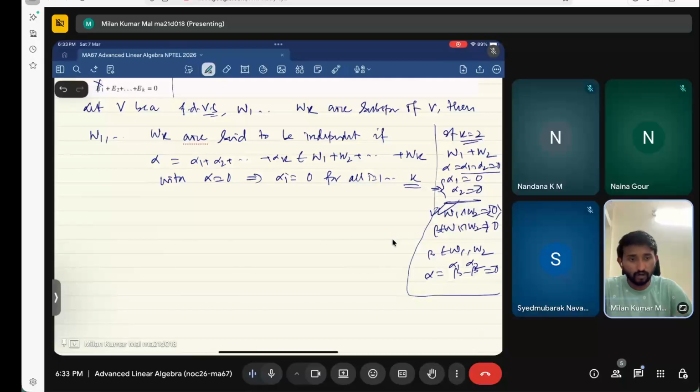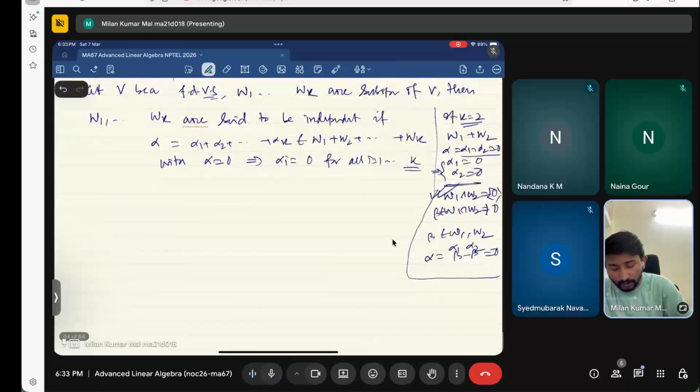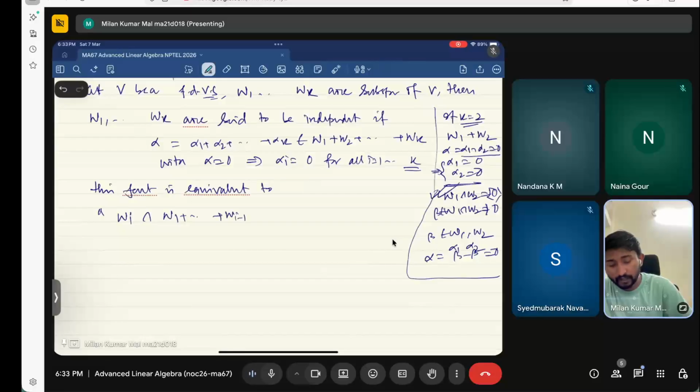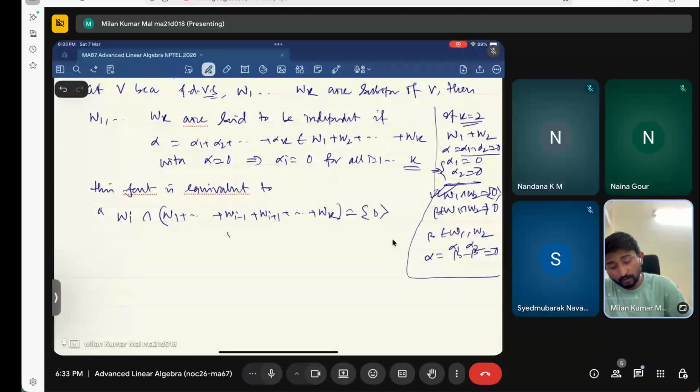But that is not all. We can say a little more, and this fact is equivalent to this: Wi intersection (W1 plus all the way plus Wi minus 1 plus Wi plus 1 all the way plus Wk) equals 0, for all i equals 1 to k.